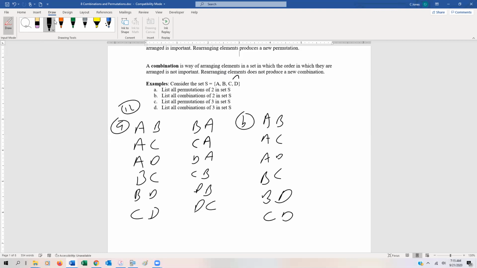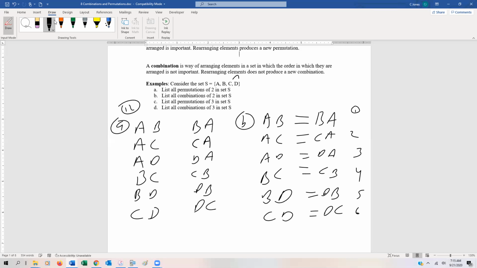Now, with a combination, the order is not important. So if I flip those around, these are the same. So it's only one combination. And CA is the second combination. And DA, which is the same as AD, is the third combination. And notice that as we flip these around, they are the same.